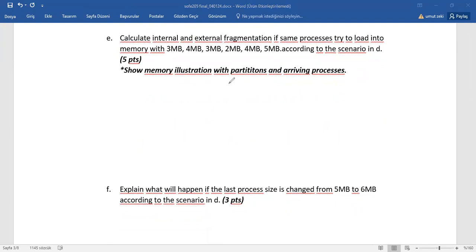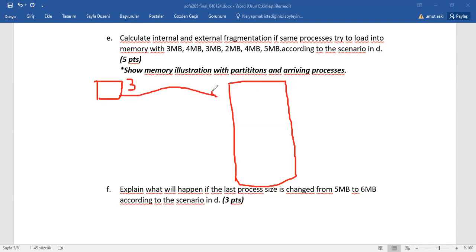Okay, so we have a memory, and in the beginning, there is no partition because it is dynamic partition. First, a 3 megabyte process is coming into the memory. The operating system will see this and reserve a partition space of 3 megabytes.